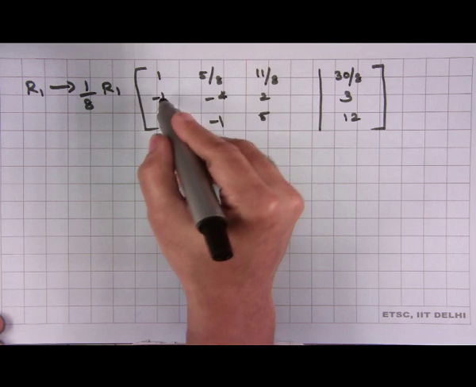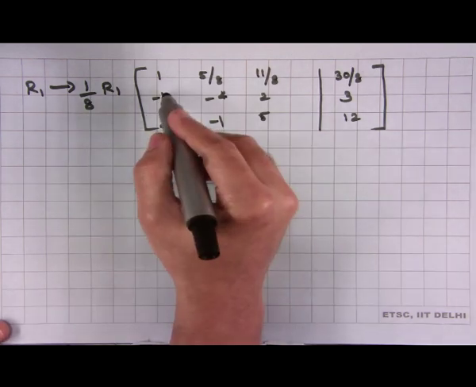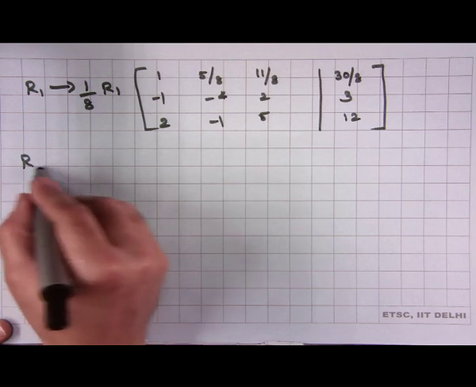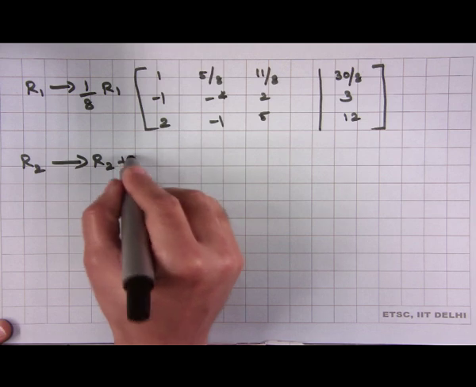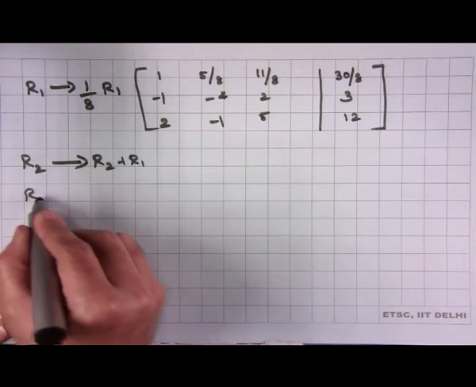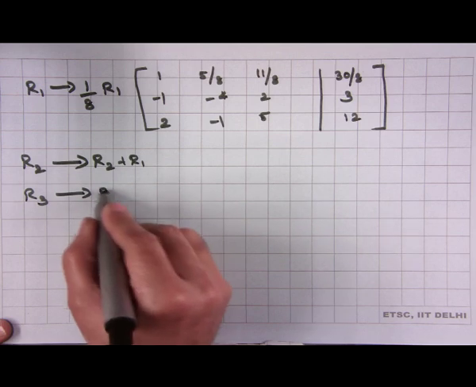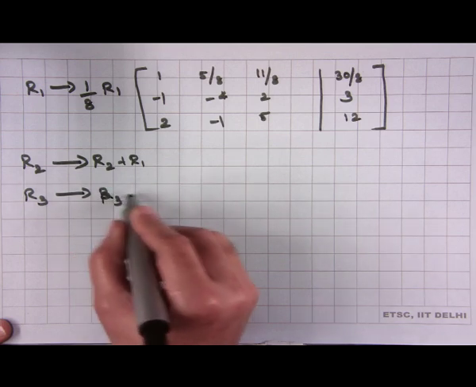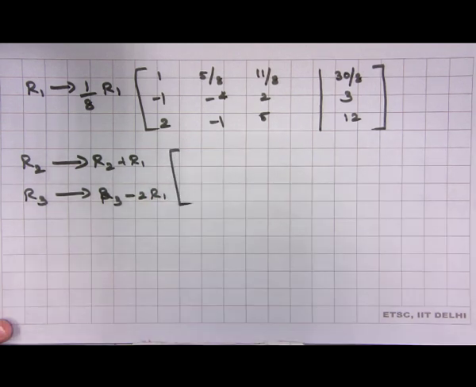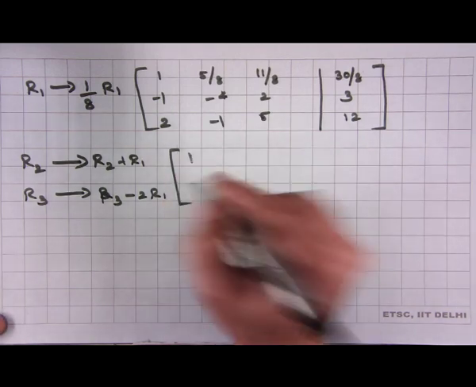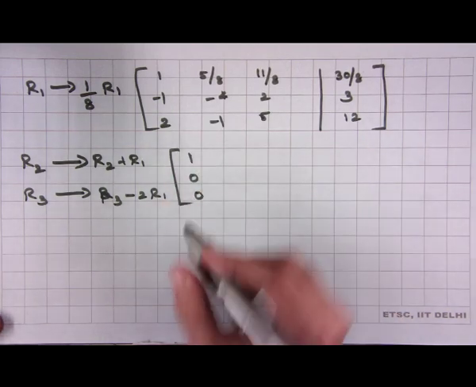We will have to convert the other elements of the first column into 0. R2 is replaced by R2 plus R1 and R3 is replaced by R3 minus 2 times R1. The first column becomes 1, 0, 0.